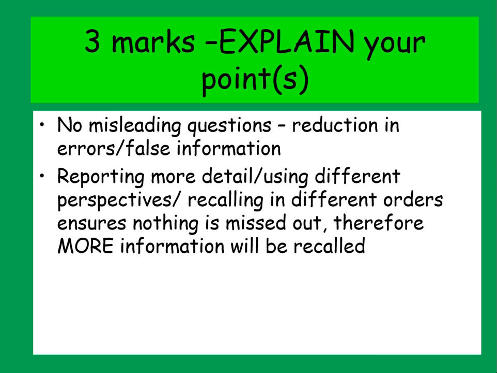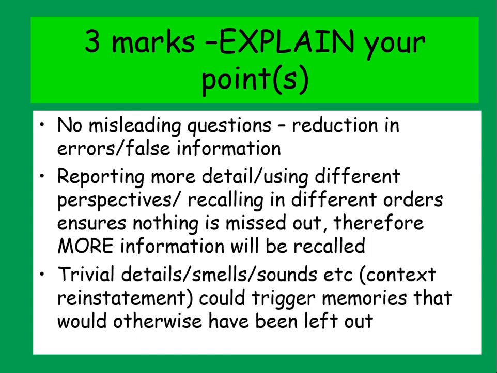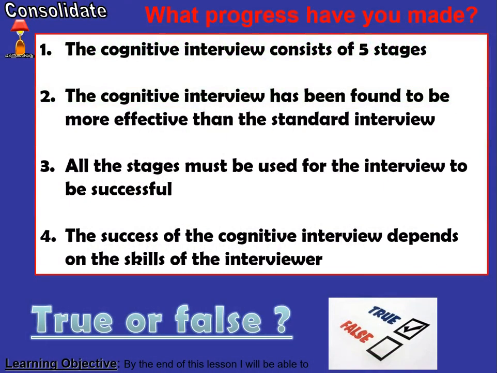Reporting more detail using different perspectives, different orders, ensures that nothing is missed out and therefore more information is going to be recalled. And finally, trivial details such as context reinstatement could trigger memories that would otherwise have been left out. So these, if you like, are the key features of how they improve your memory. You don't have to use them all, or you could use them all in less detail.